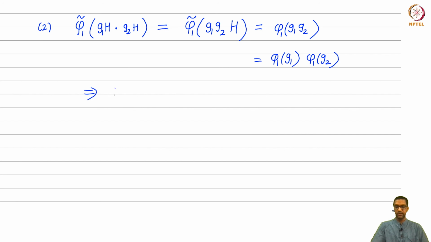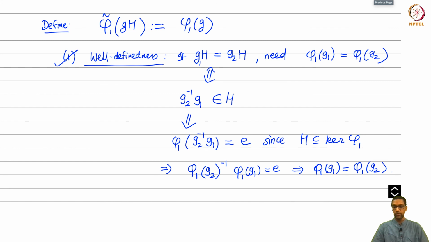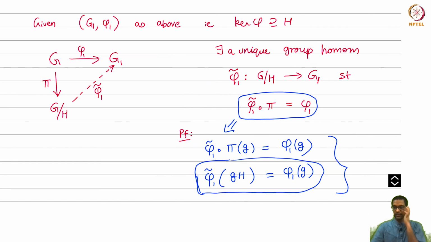So this means that phi 1 tilde is a group homomorphism. We have checked both properties, and uniqueness is of course true because of the observation we made in the beginning. This argument implies that phi 1 tilde is unique because the definition is forced upon us. So we have in fact shown all three parts.